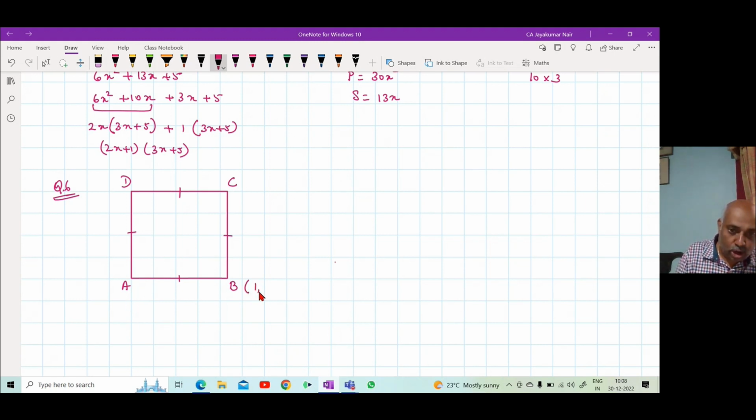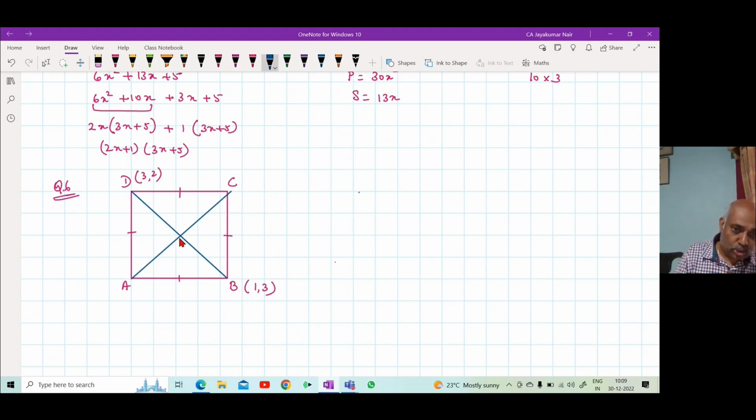B is 1 comma 3. D is 3 comma 2. ABCD is a square where B is this and D is this are the endpoints of the diagonal. So if you draw a diagonal, these are the endpoints. You can draw another diagonal like this. Okay, this is the other diagonal.